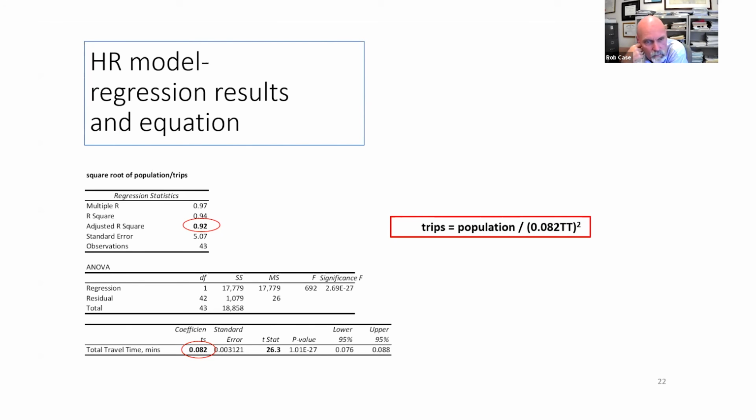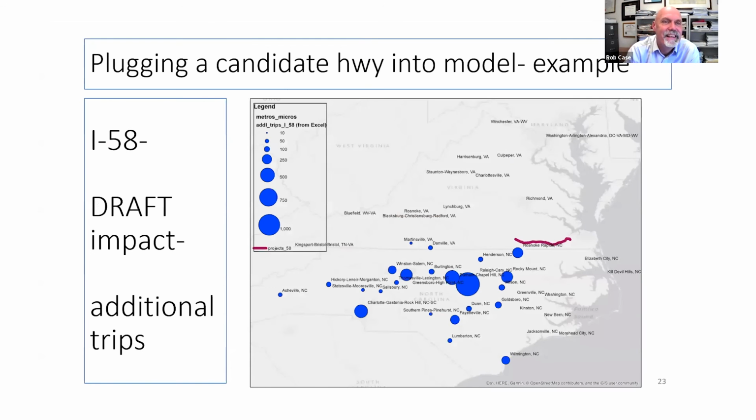And this time we're not comparing coefficients, we're just making an equation out of it. So for us, trips from Hampton Roads equals the population of the external area divided by this coefficient times travel time squared. And I'm not going to go into why it's squared, but trust me, it is. Okay.